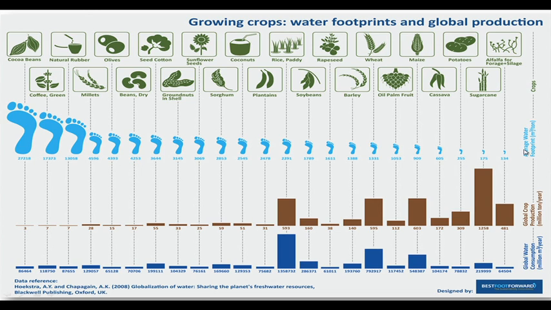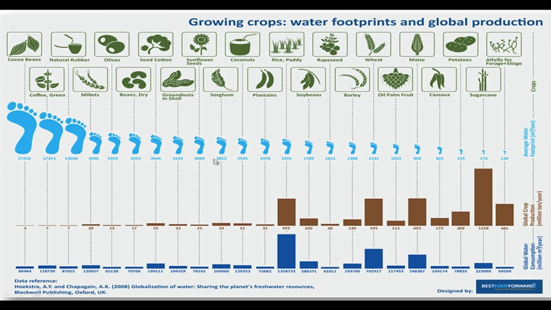The lowest water footprint is for forage and silage, but then we have sugarcane, potato, cassava, which is a big food in African countries, maize, oil palm, wheat, barley, rapeseed, soybean, rice, plantain, coconut, sorghum, sunflower seed, then cotton, olives, natural rubber, cocoa beans, coffee, millets, beans, and groundnuts.